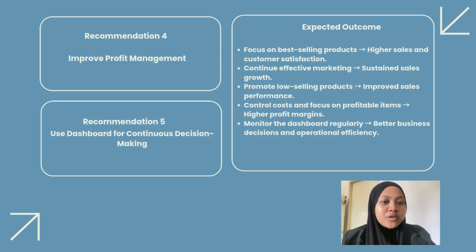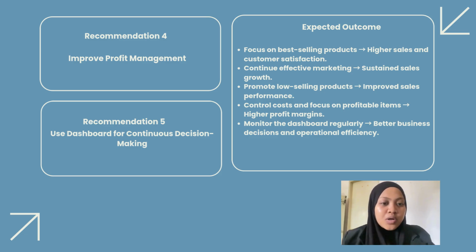The outcome of the recommendations: focus on best selling products, so that means we can get higher sales and customer satisfaction. And more than that, we can continue effective marketing so we can get sustainable sales growth, and promote low selling products to improve sales performance.